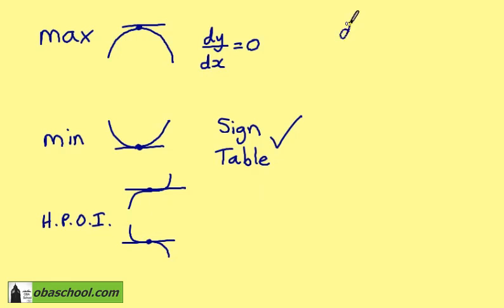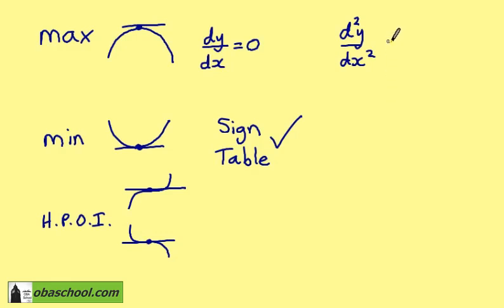The other way of identifying our types of turning point is to consider the second derivative, d²y/dx², which we get by differentiating dy/dx. We would then evaluate d²y/dx² at the turning point, at the x value for the turning point.